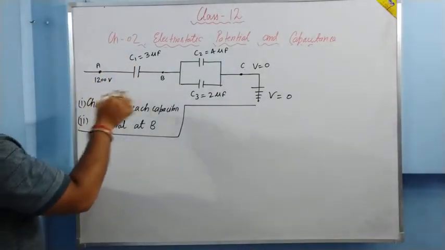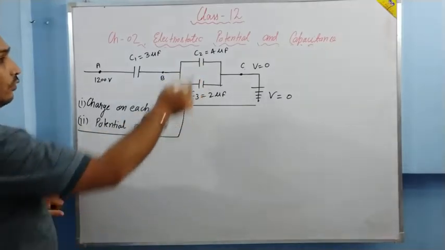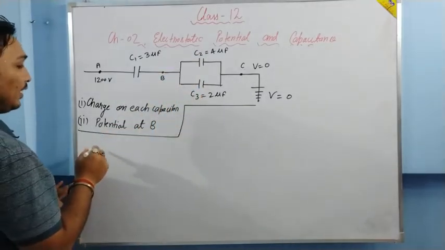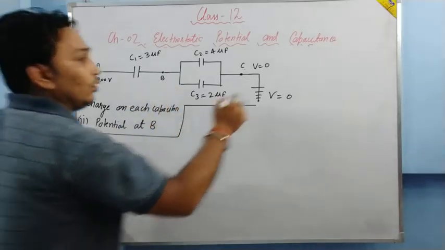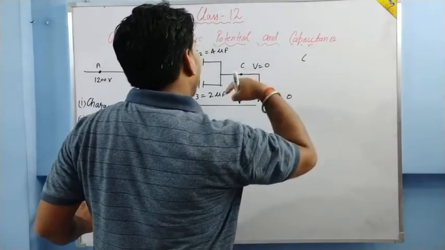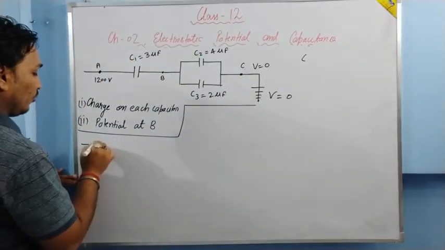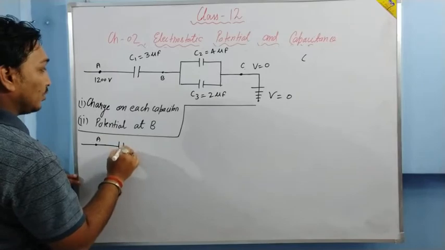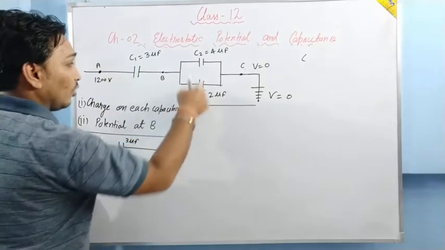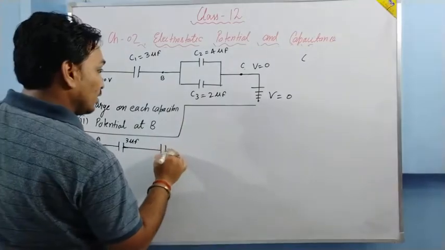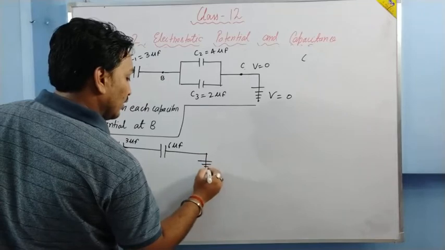First, we have to find out the total capacitance. These two are in parallel. So for 4 and 2, we have an equivalent capacitance. I have told you, for two capacitors which are in parallel, capacitance is added. So from here, we have a point A, then one capacitor of 3 microfarad, and then the combination of these two, 4 plus 2, how much? 6 microfarad, and this point is earth.